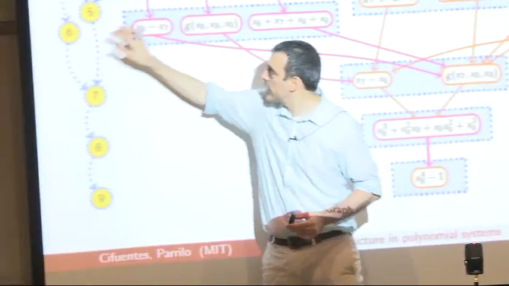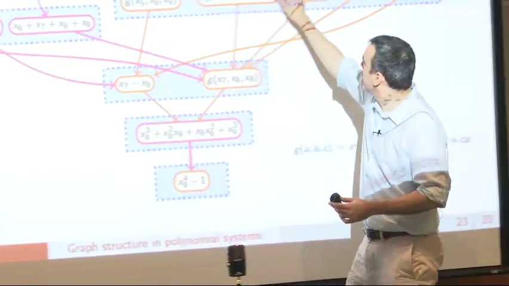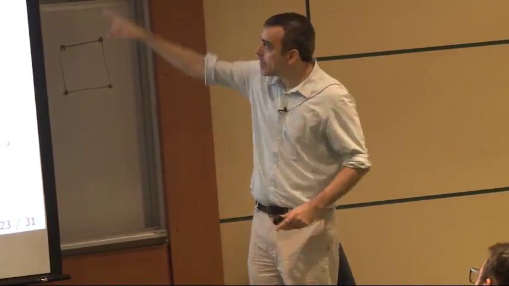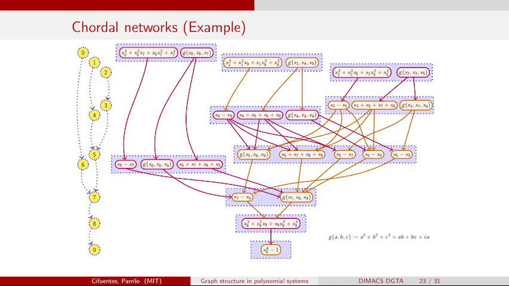In here, node 6, I have a set of polynomials. In here, I have a set of polynomials. And there's arrows between them. And these arrows always go from something higher in the tree to something lower in the tree. This is really the only thing that we'll focus on. And of course, we can formalize this, and that's the definition that we had before. But let me highlight the key properties in here.